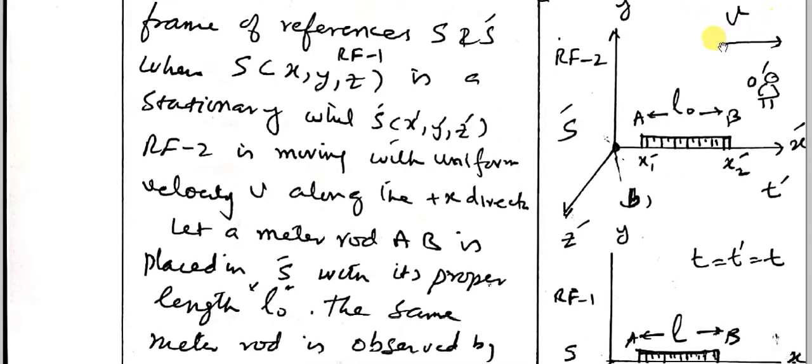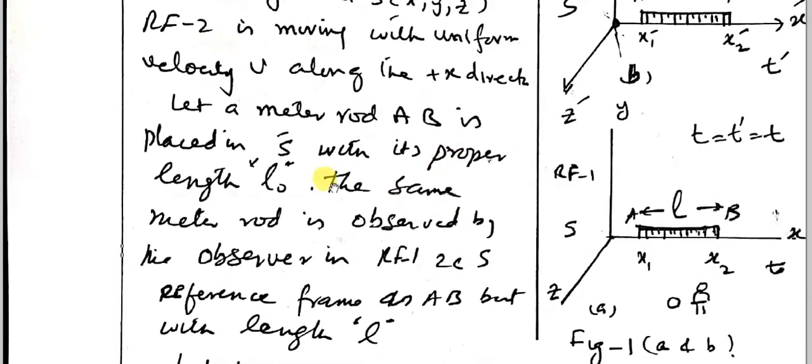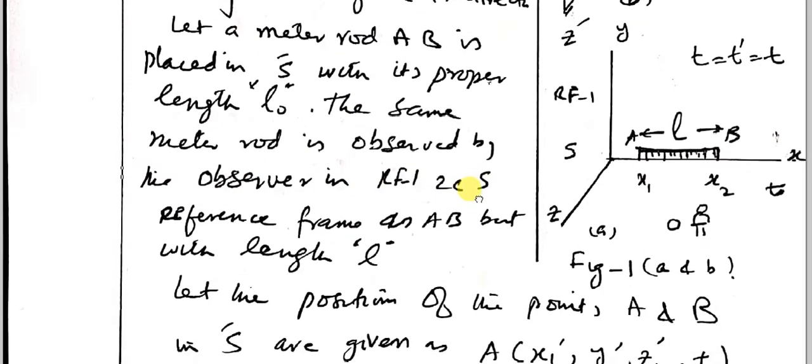The same rod is observed by the observer in reference frame S as AB, but with length L.